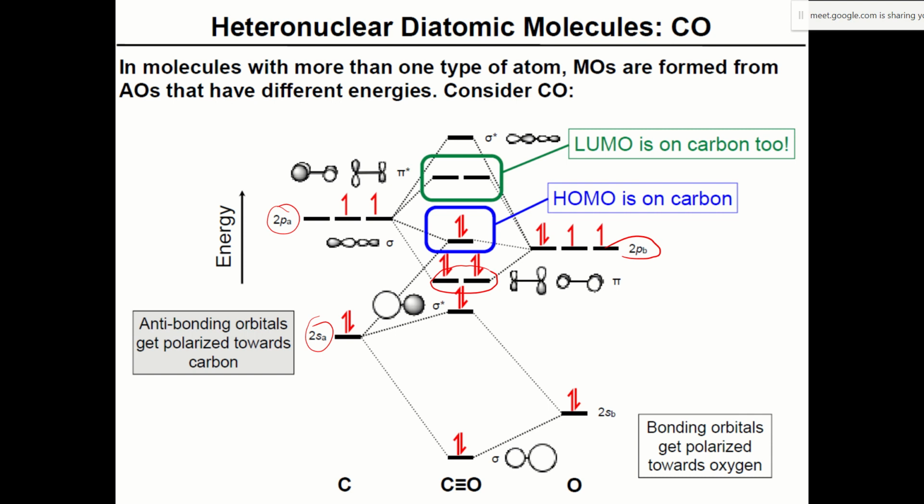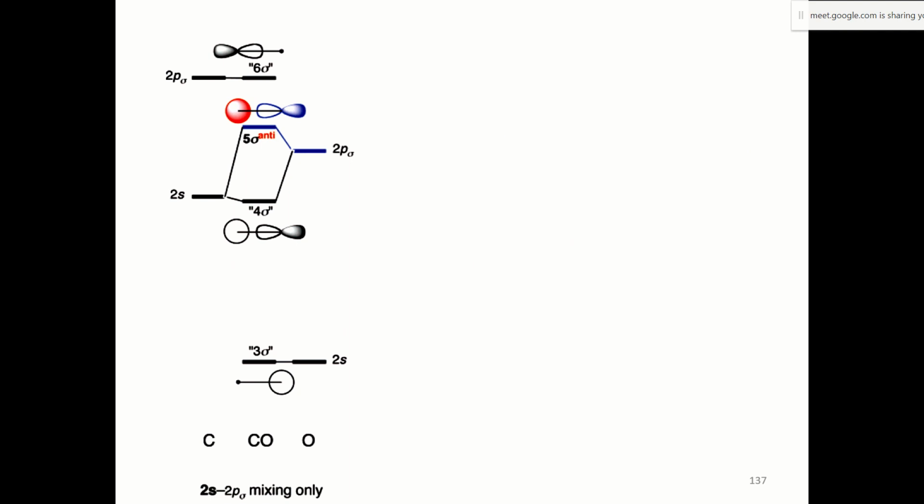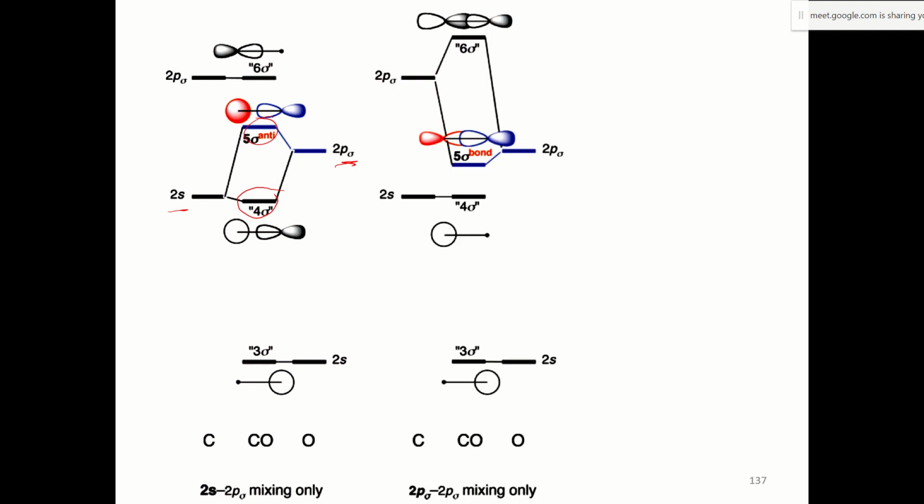Okay, so when you try to combine, इसको हम दो स्टेप में अगर तोड़ के we try to dissect it and show it in two steps, and it can be understood. First, let's consider that only 2s and 2p of the oxygen is combined. In that case, you will get a bonding and one anti-bonding set. Now in the next step, you can think of only combining the 2p with 2p of carbon.